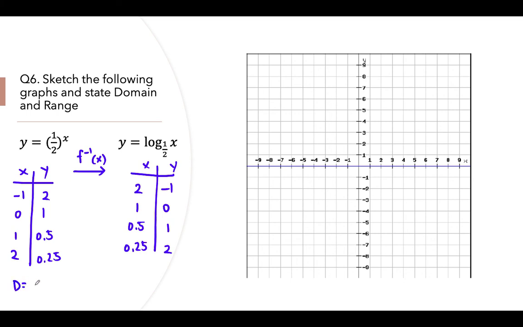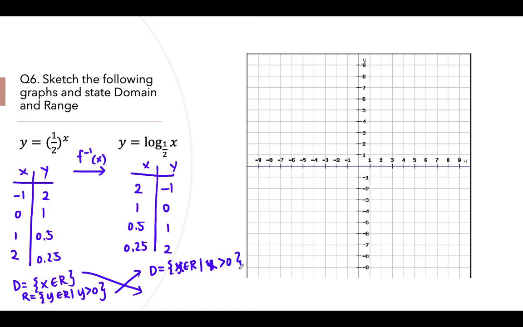Domain and range. X can be any real number. Range, y can be any real number such that y is greater than 0. Same thing. Now we're going to switch. Domain for logarithmic is x can be any real number such that x is greater than 0.